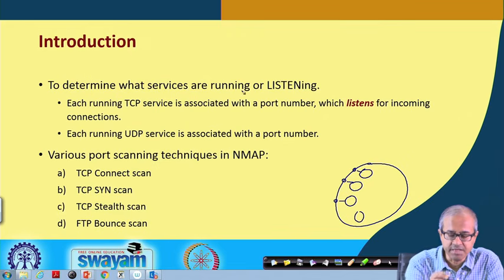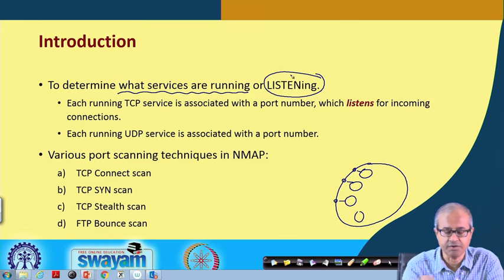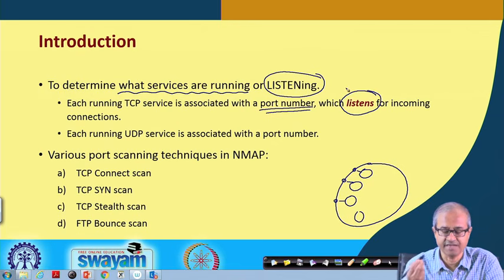So, here we are basically trying to find out what services are running, which means they are listening on a particular port number. As I said, each running TCP service is associated with a specific port number, where the server or service listens for incoming connections.